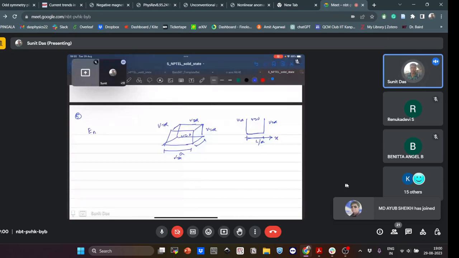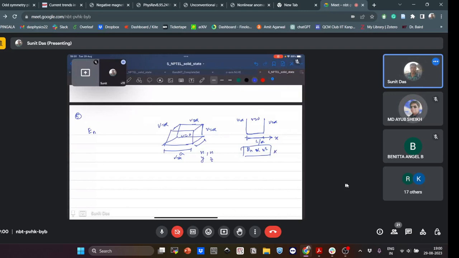E. Now before that, let me remind that E here was proportional to n square, right? This was for 1D, for the x-axis. Now there will be two other n for the y-axis and z-axis.